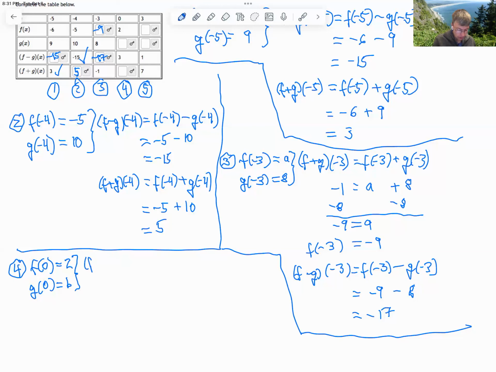And so f minus g of 0 equals, again, I use the definition, f of 0 minus g of 0. And again, I plug everything in now. f minus g of 0 we are given in the table is 3. And then f of 0 is 2. And our g of 0 we had called B.